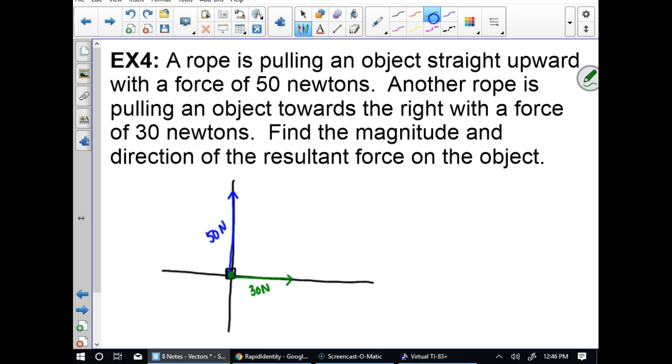And always ask yourself what makes sense. The other thing I'll notice a lot of times when students draw these is they don't put the endpoints and the arrows, and I would highly encourage you to do that. If this rope is pulling up this way and this rope is pulling to the right this way, then the object has to go this way, right?